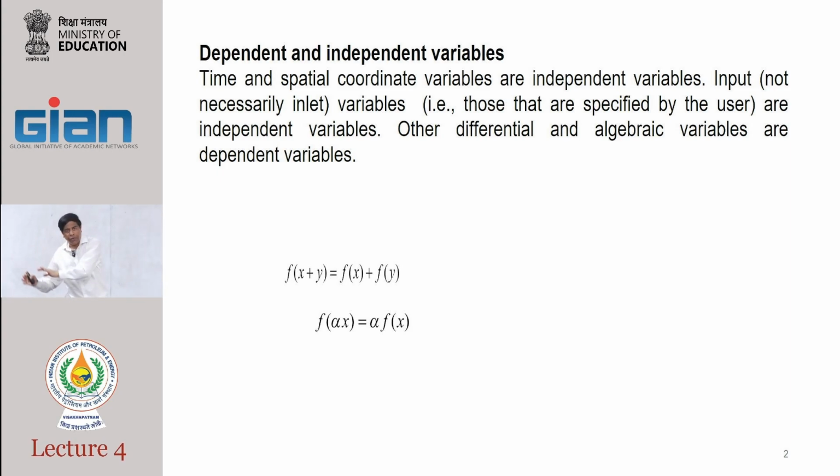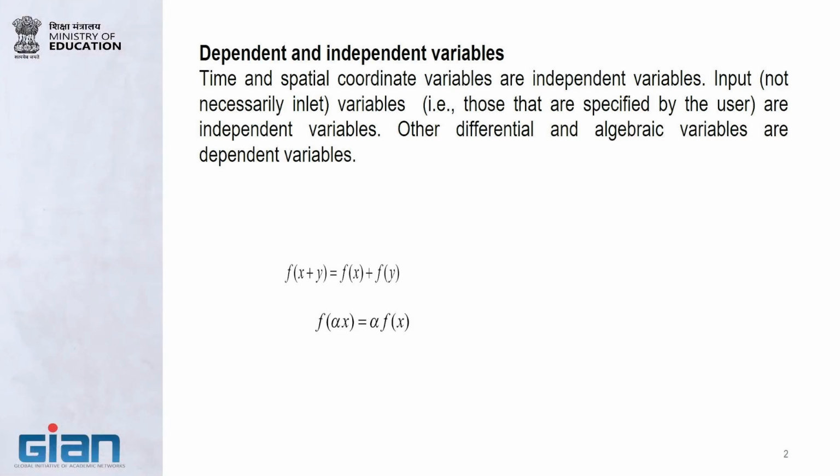For example, some feed is coming into the system, with a composition of so much CO2 and nitrogen and oxygen. That is completely independent of the system because that is coming from somewhere else, right? Same way, when the feed comes at your boundary at some temperature, temperature is an independent variable, because it does not really depend on the model itself. At the boundary, it is completely an independent variable.